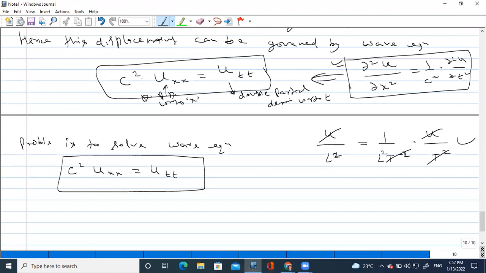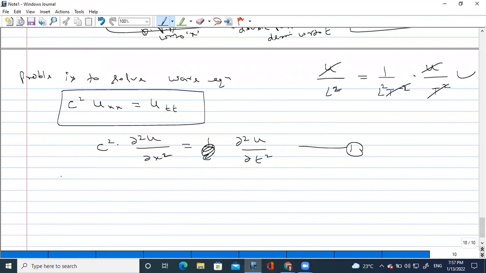So this equation you have to solve. If you are not comfortable with this, you can write it in this form also: c² ∂²u/∂x² will be equal to ∂²u/∂t². Suppose this is equation number 1.